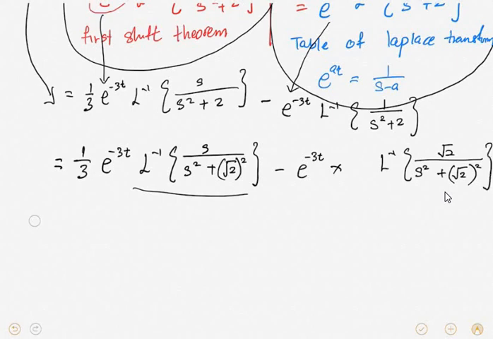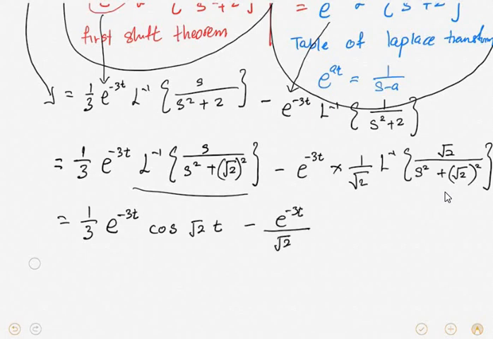So since we have the square root of 2, this one we need to divide by square root of 2 to cancel out. So now you can obtain 1 over 3 exponent negative 3t. We change to the cos square root of 2t minus exponent negative 3t divided by square root of 2 sine square root of 2t.